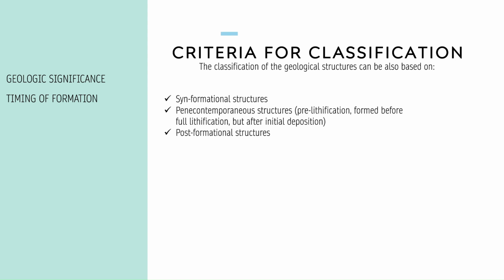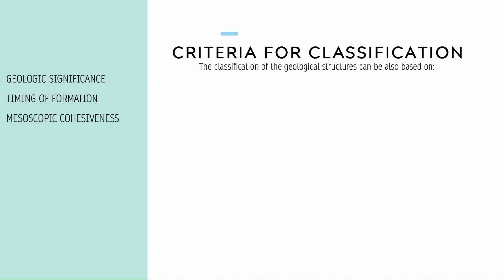Okay, good. So the next classification is based on mesoscopic cohesiveness. Some structures will be the same in megascopic as well as microscopic view, but sometimes what you see in megascopic structure may not be the same in microscopic structure. So such a kind of relationship can also be used for classification.